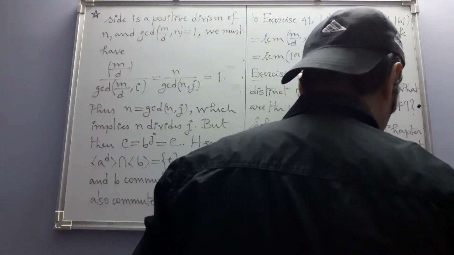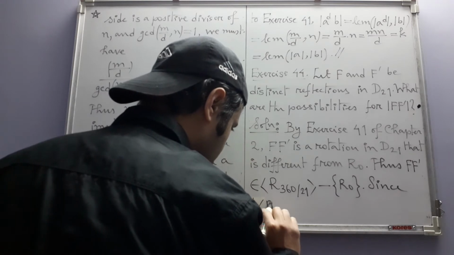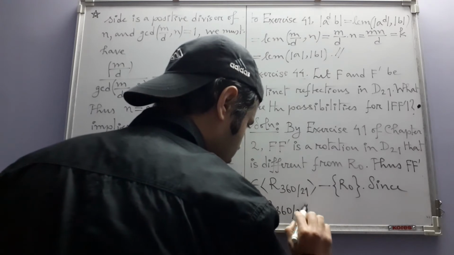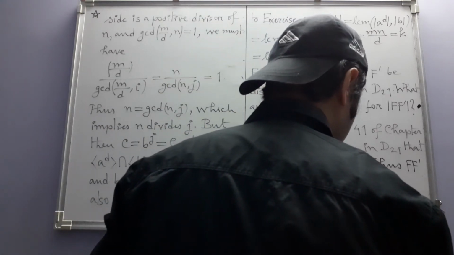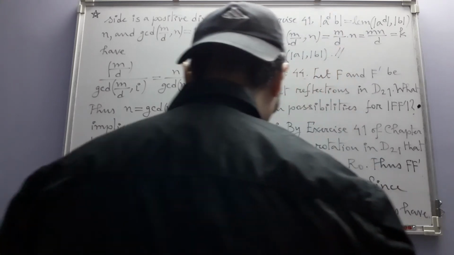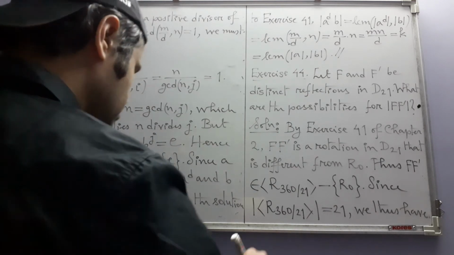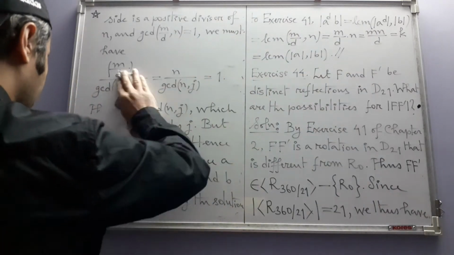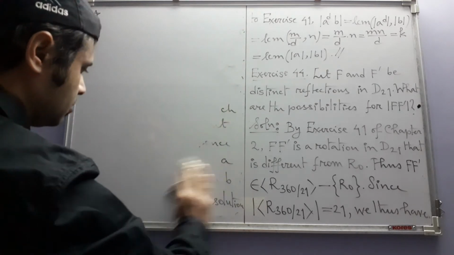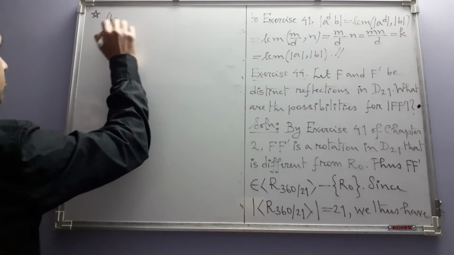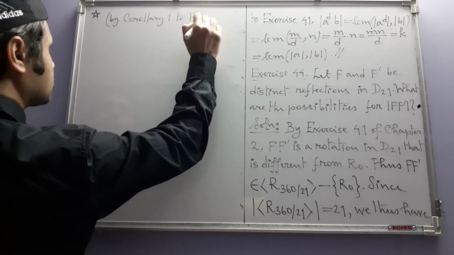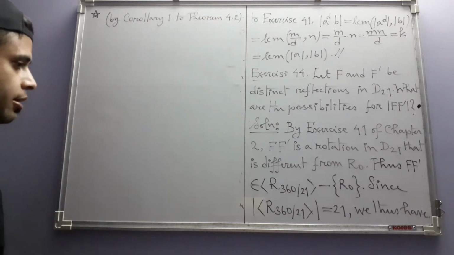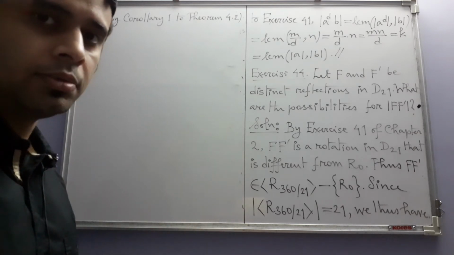Since this order is equal to 21, we thus have, by this particular result, Corollary 1 to theorem 4.2, which says that the order of any element in a finite cyclic group divides the order of the group.